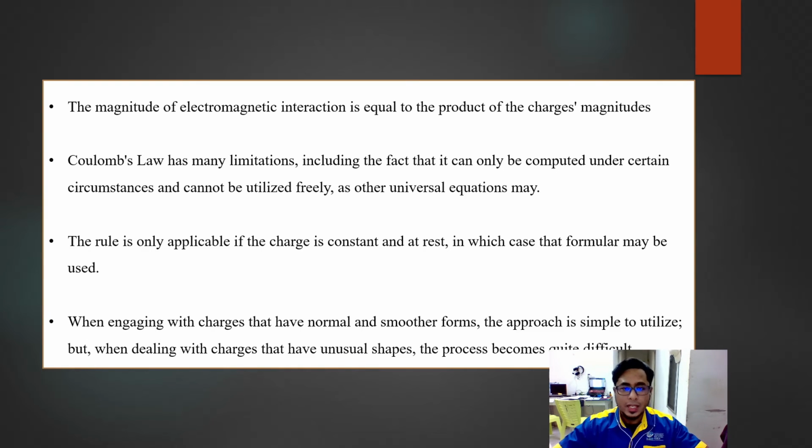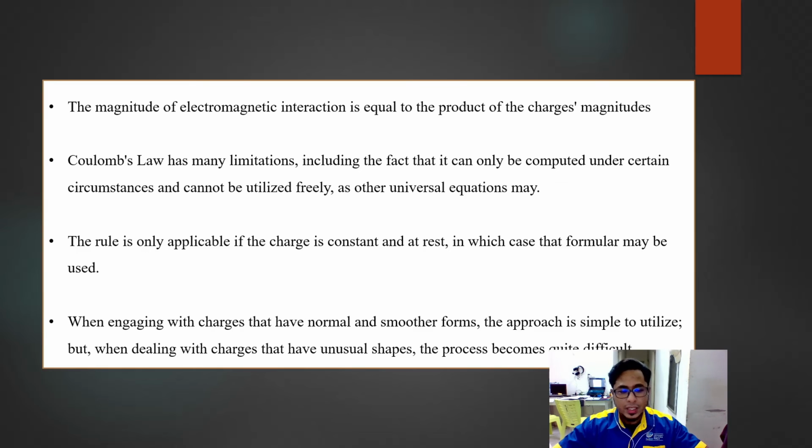Coulomb's law has many limitations, including the fact that it can only be computed under certain circumstances and cannot be utilized freely, as other universal equations may. The rule is only applicable if the charges are constant and at rest, in which case the formula may be used.